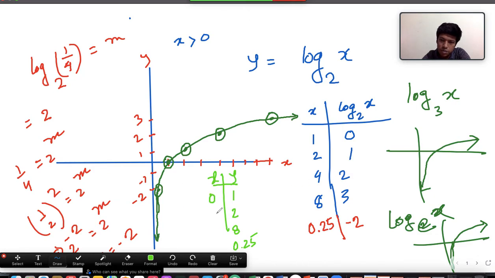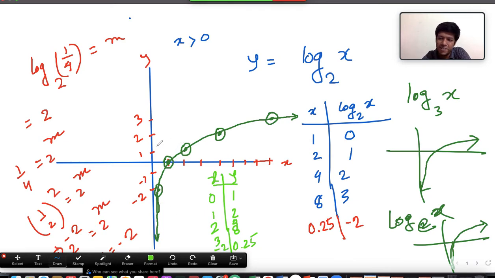This will be 0, this will be 1, this will be 2, this is 3. Oh, I have missed one value. So this is 2, this is 3, and this is minus 2.